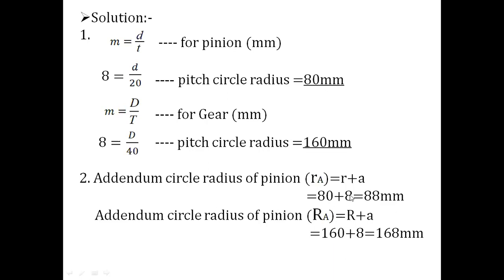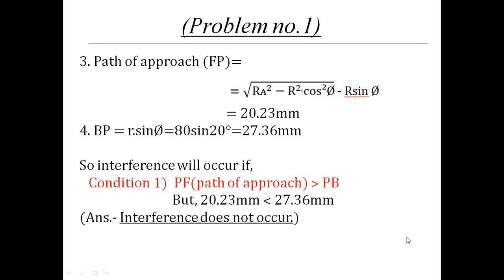Addendum is one module, so addendum is 8. So total is 88 mm. Likewise for the gear, the addendum circle radius is capital R plus addendum. So capital R is 160 plus 8, which is equal to 168 mm.